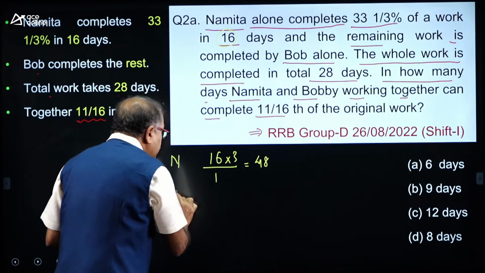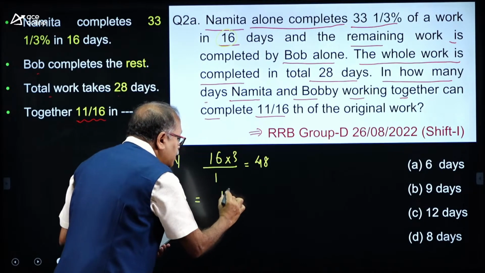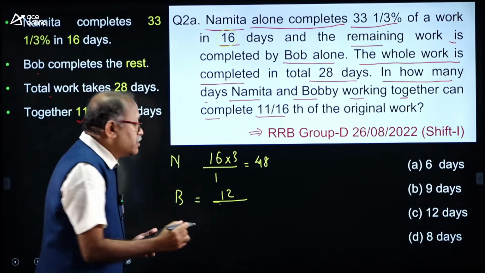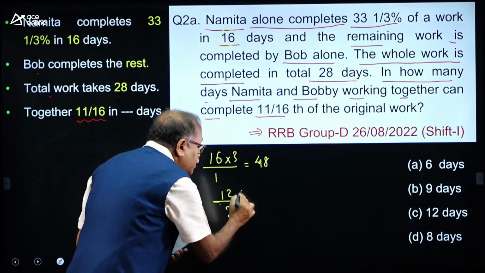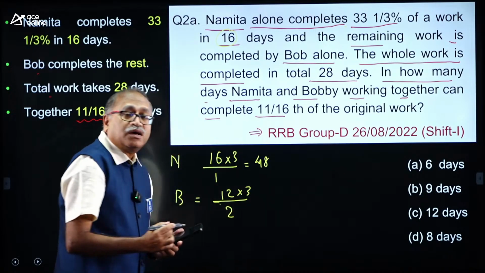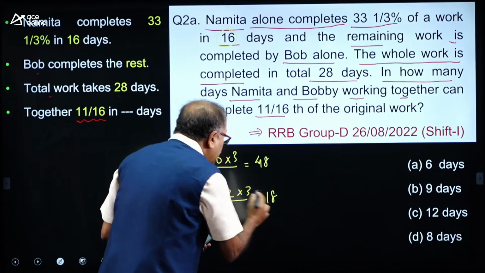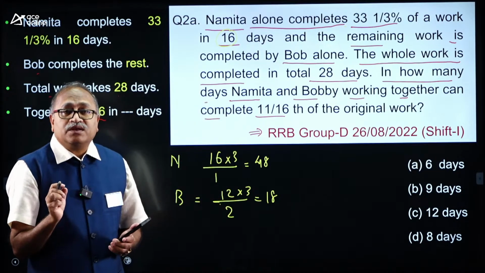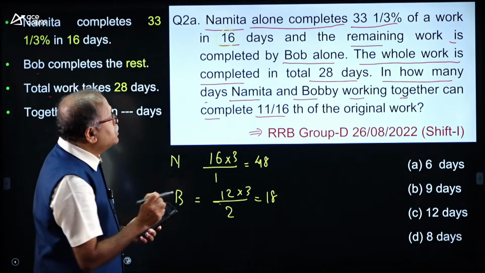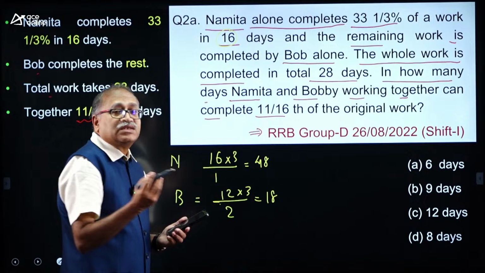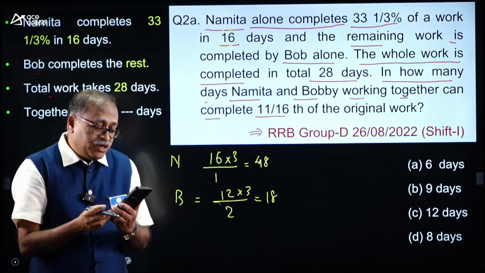So, B has completed in 12 days what part of the work? 2/3 of the work. So, 12 divided by 2/3, and that gives us 18. That means B can complete one work in 18 days. Now, it is said that they together can complete 11/16 of the work in how many days?